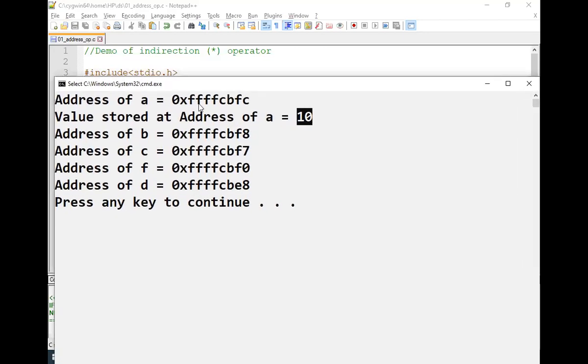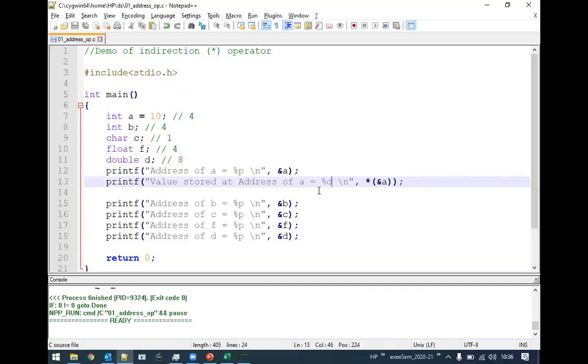More frequently we will get into this type of notation, so you need to remember the conventions. Don't worry if you didn't understand at this time, absolutely not a problem, because we are going to learn the same thing in other sections. Just remember that whenever we use the star while fetching data, it gives us the value located at a particular address.